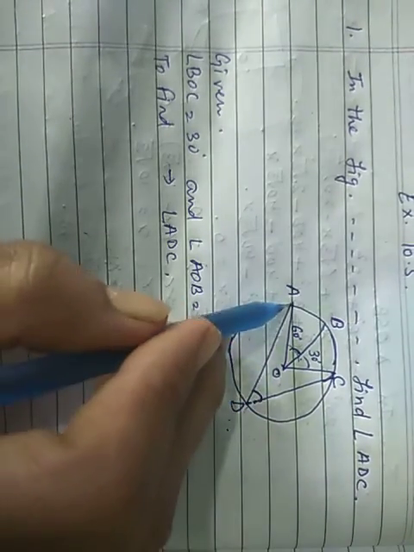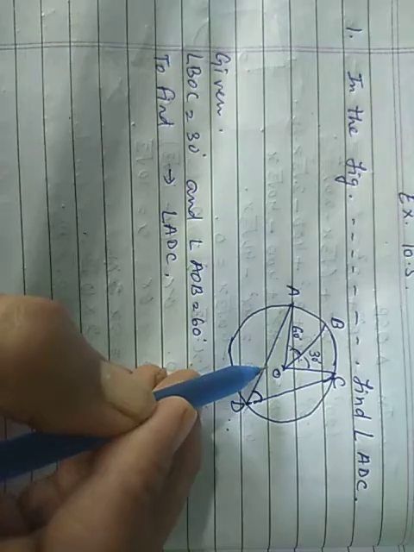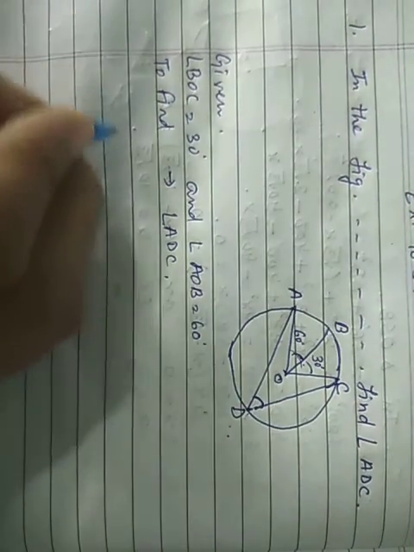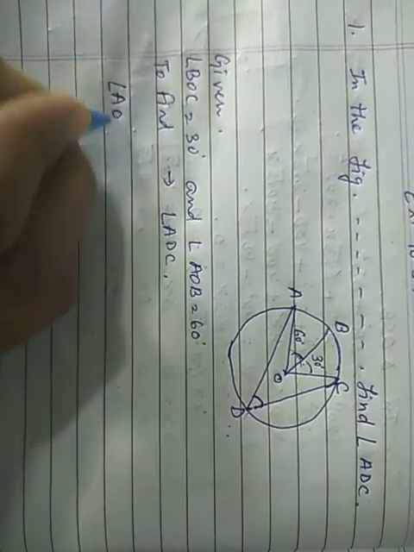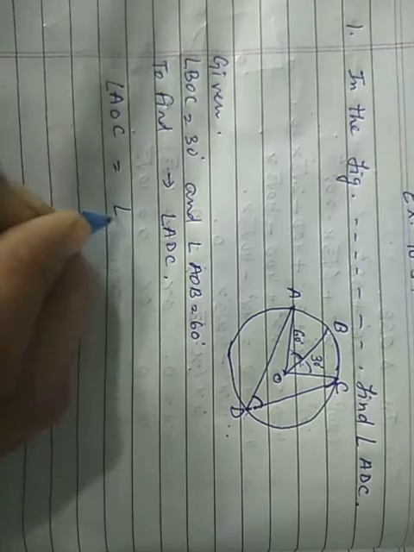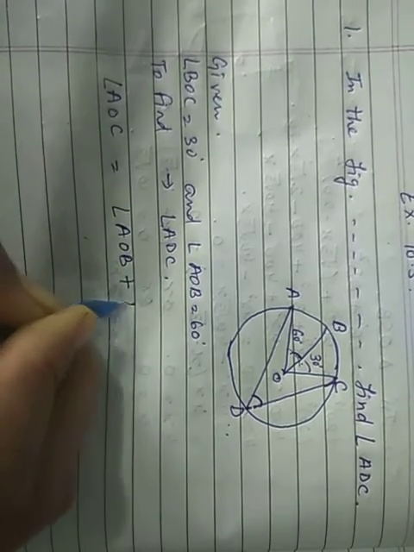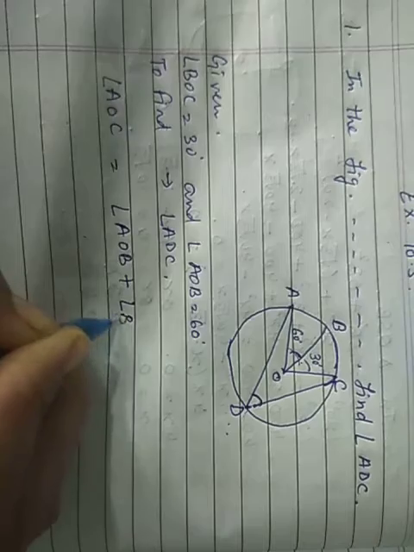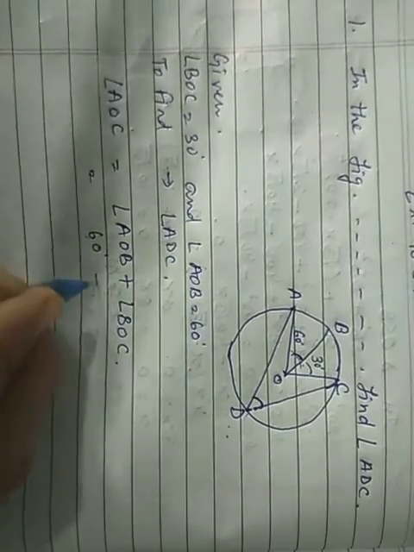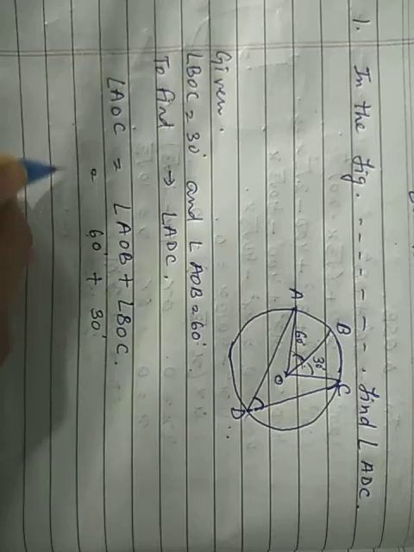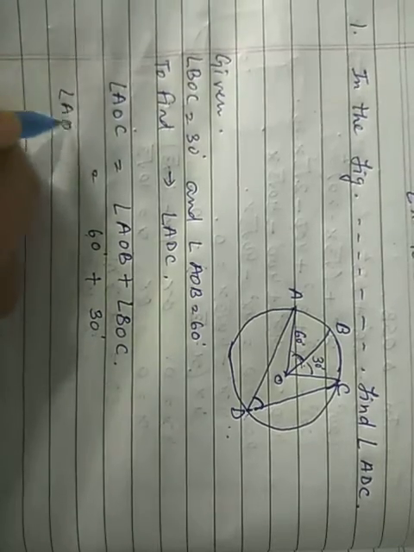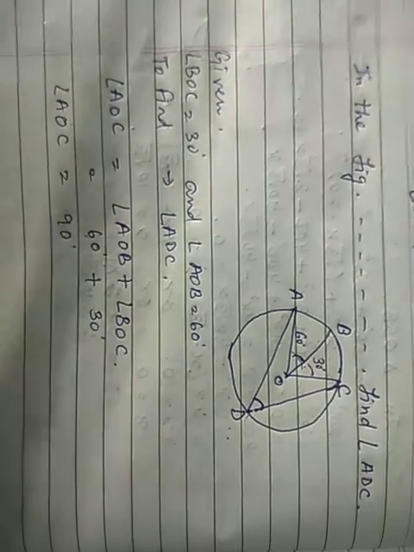So first of all we need to find angle AOC. Angle AOC is equal to angle AOB plus angle BOC. Angle AOB is given 60 degree and BOC is given 30 degree. So angle AOC is equal to 90 degree.